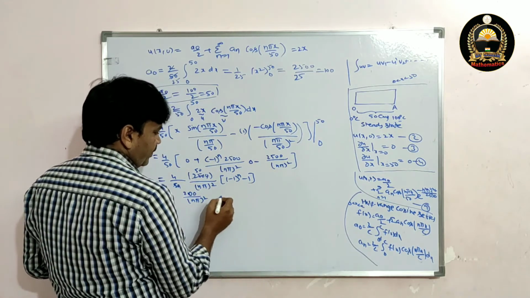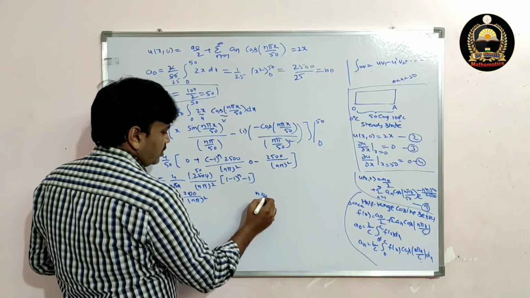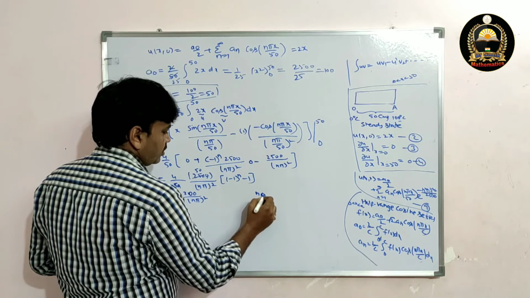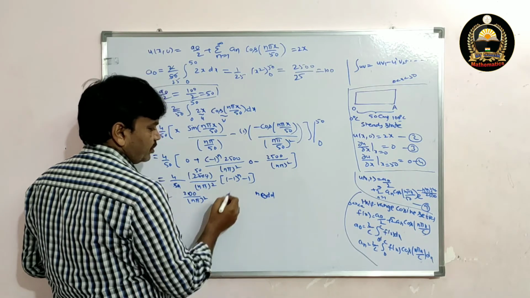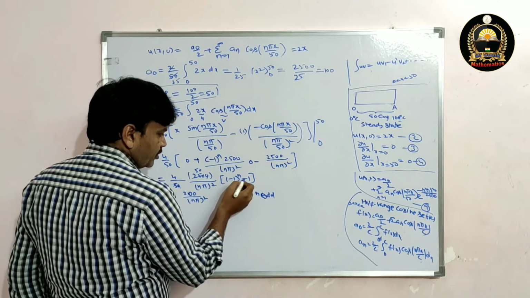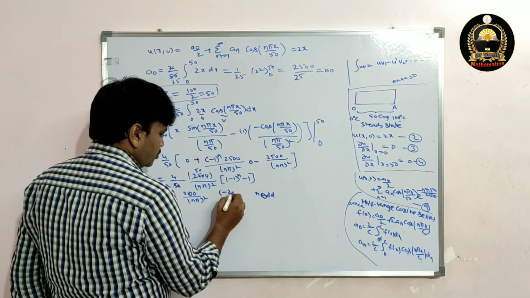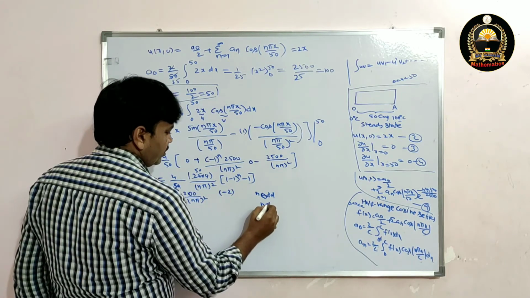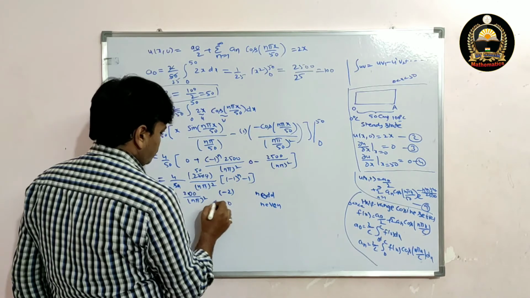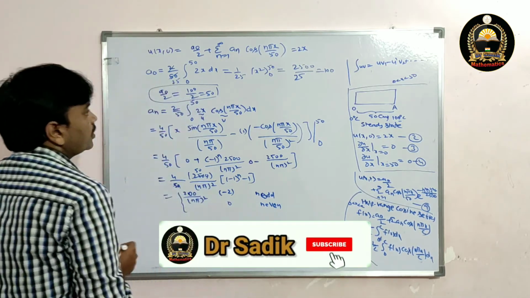See, students, here when n is odd, we get minus 1 minus 1, so we get minus 2. When n is even, the value is 0.